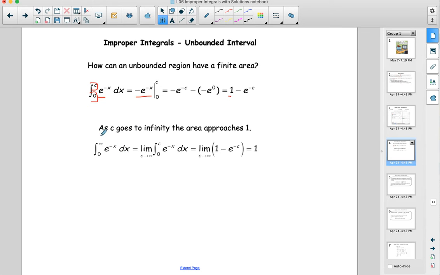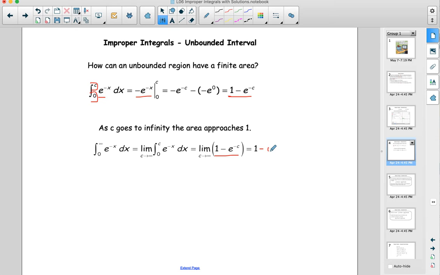So if we are going to now send c to infinity, because that's how I'm going to look at this now, instead of looking at this as the integral from 0 to infinity of e to the negative x dx, I'm going to look at it as the limit as c goes to infinity of the integral from 0 to c of e to the negative x dx. That would become the limit as c goes to infinity of, we just evaluated this up here, 1 minus e to the negative c. And as c goes to infinity, the e to the negative c will tend to 0.